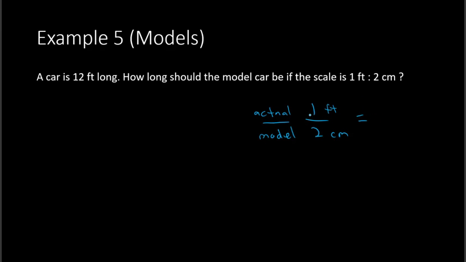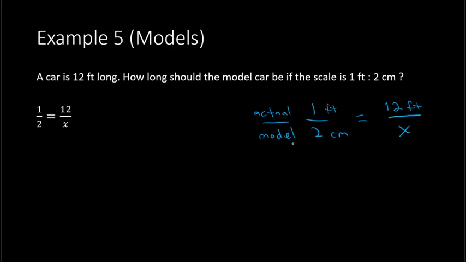The car in real life is 12 feet long, so the actual length is 12 feet. The question is, what is the length for the model? That is unknown. So we can use this proportion, where we have 1 over 2 equals 12 over x.